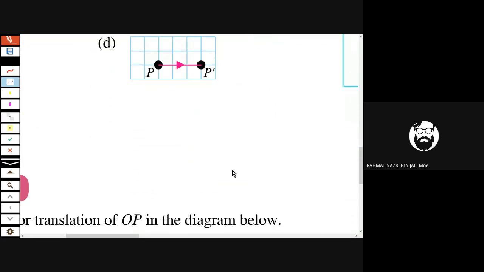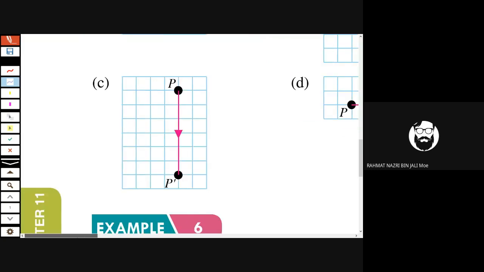Tak perlu salin, tengok dahulu. Kemudian C, soalan C cakap suruh lukis P, tapi di sini C-nya pada move 6 unit downward sahaja. Hanya pada 6 unit downward.